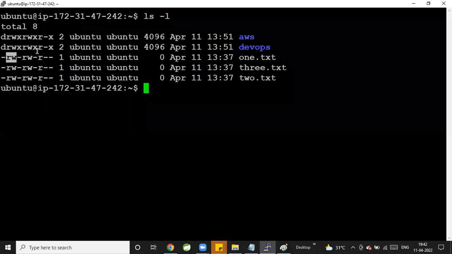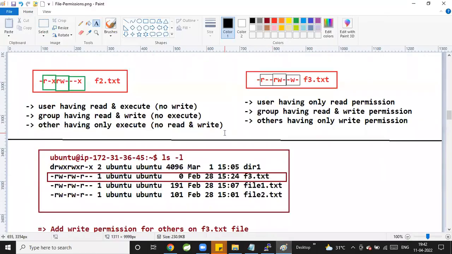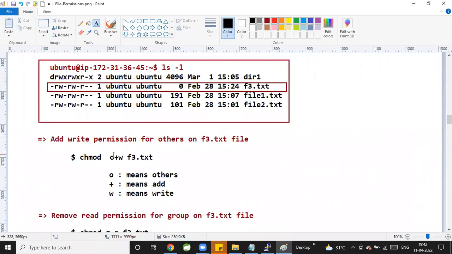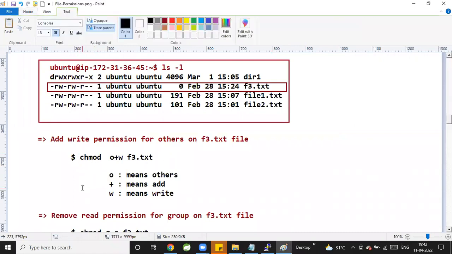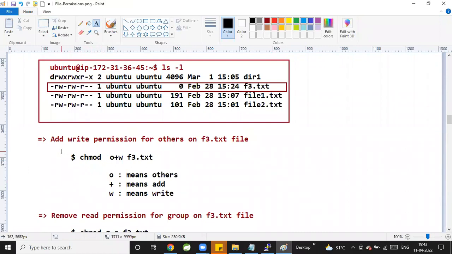In order to do that in Linux, there is a command called chmod. Chmod stands for change mode.